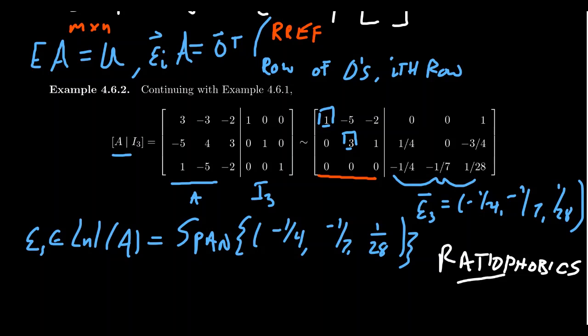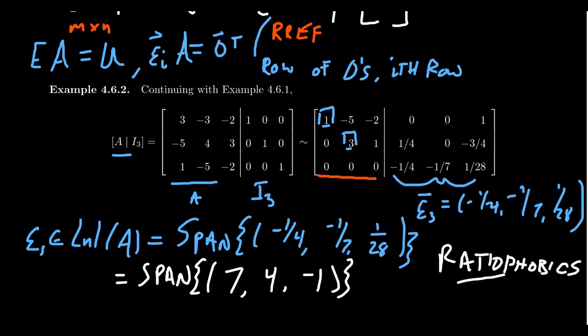If you don't want fractions here, you could scale everything in this vector by 28, the least common denominator. In which case, you can replace the spanning set with this time the vector, and I'm actually going to multiply everything by negative 28. So this gives us 7, 4, and negative 1 as a basis for the left null space.